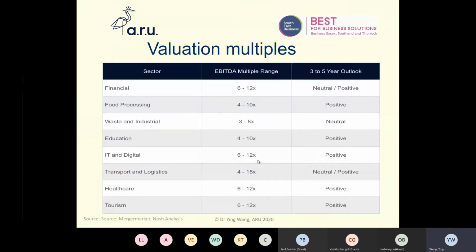For example, if it is IT and digital, quite often you will get a 6 to 12 times multiple. If it is healthcare, 6 to 12 times multiple. If it is food processing, 4 to 10 times the EBITDA. But of course, this is only a comparable way to help you consider the valuation technique.